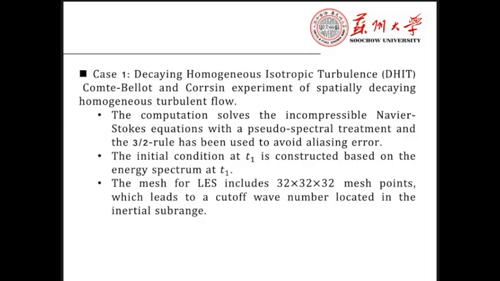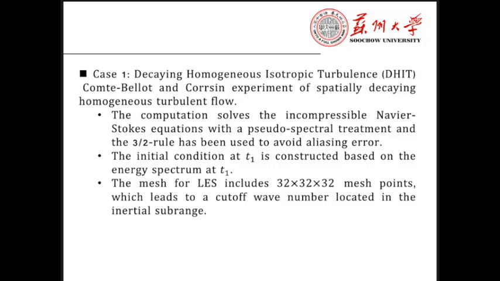The computation solves the incompressible Navier-Stokes equation with a pseudo-spectral treatment, and the 3/2 rule has been used to avoid aliasing error. The initial condition at t1 is constructed based on the experimental energy spectrum.